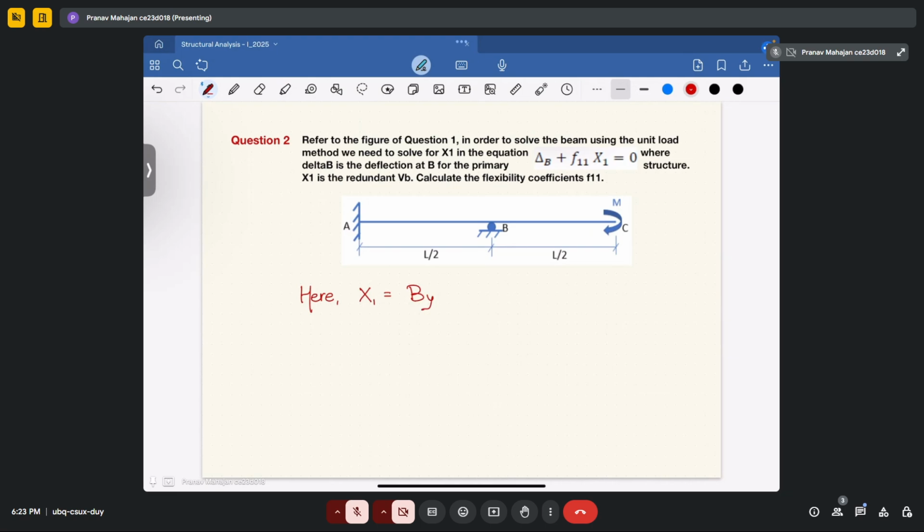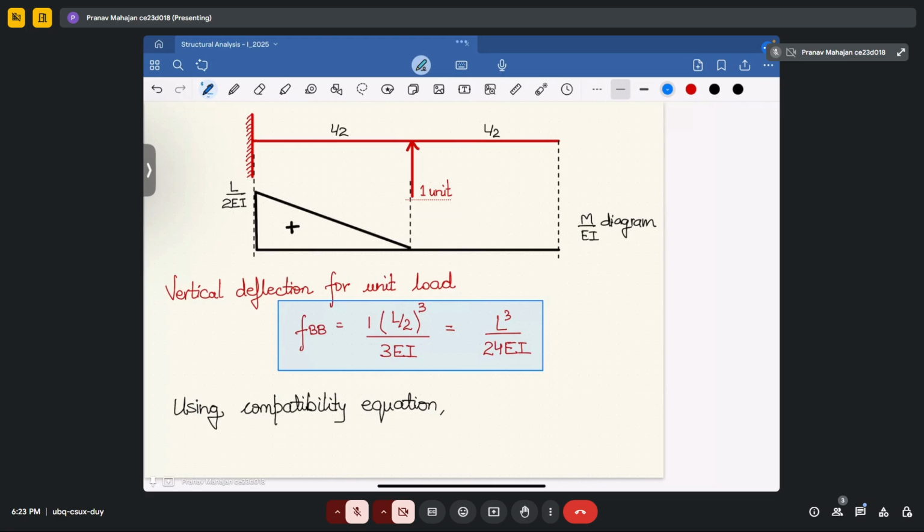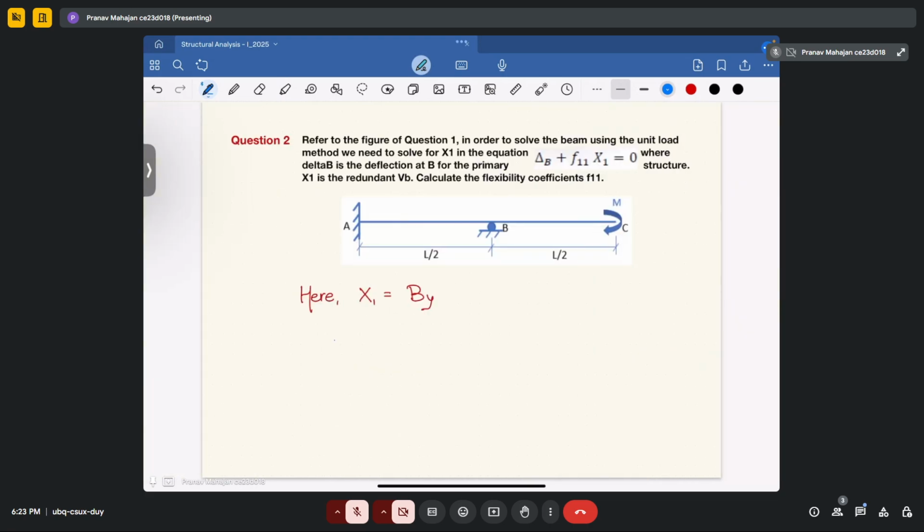So as calculated previously, this FBB will become your flexibility coefficient. So your F11 will be equal to FBB, and it will be equal to L cube upon 24 EI. Fine.